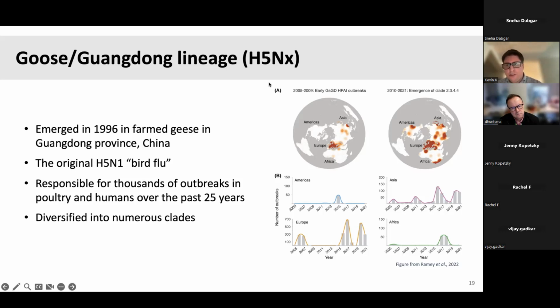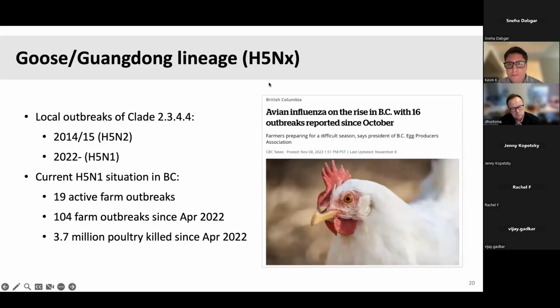It caused the original H5N1 bird flu outbreaks in Hong Kong and Southeast Asia in the late 90s and early 2000s. And over the past 25 years, this lineage has been responsible for literally thousands of outbreaks in poultry and humans. And since it's been circulating around for so long, it's diversified into numerous different clades.